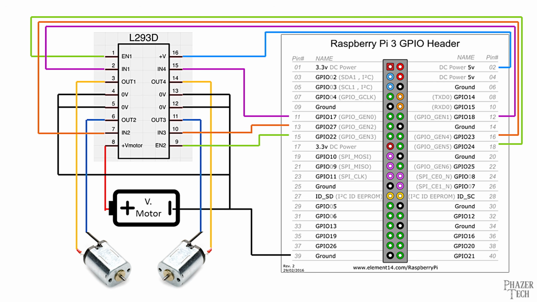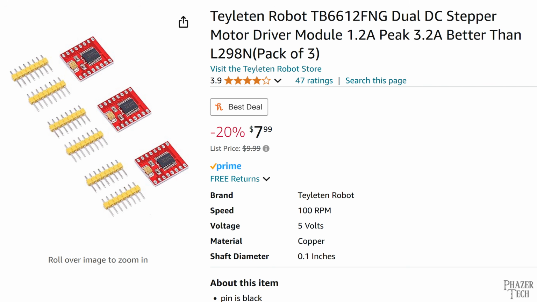But anyway, like I said, this is a really old chip and there are much better alternatives these days that are based on MOSFETs, which provide much better efficiency and higher output current. For example, this small board is based on the TB6612FNG and is an affordable option that can provide up to 1.2 amps of continuous current and 3.2 amps peak current, which is considerably higher than the L293D.